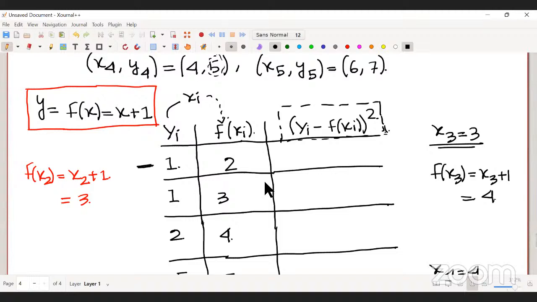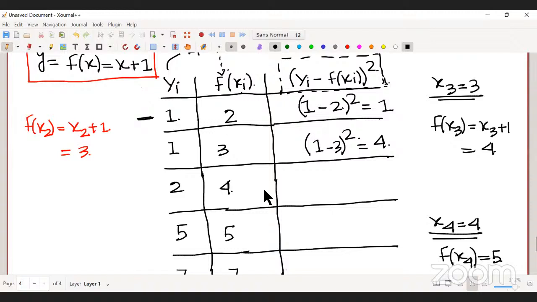So yi minus f of xi is 1 minus 2 whole square, which is 1. The second one is 1 minus 3 whole square, which is 2 square, which is 4.